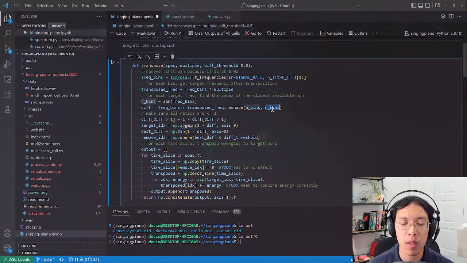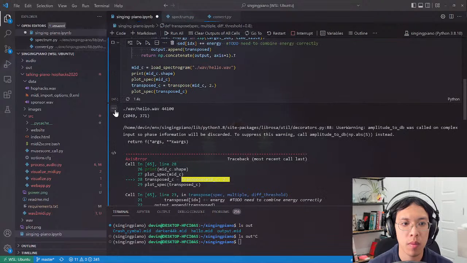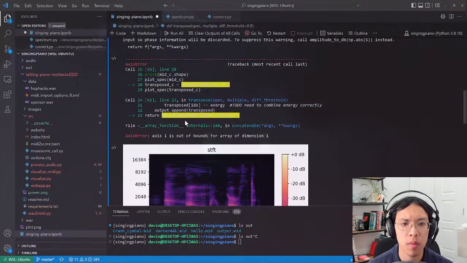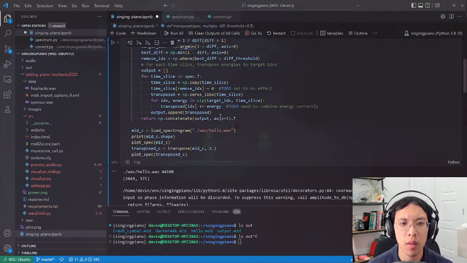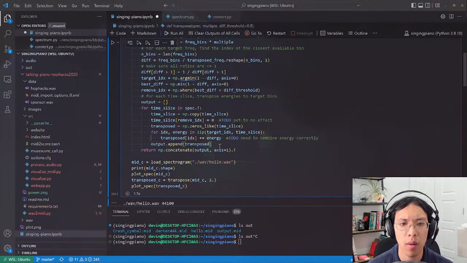It can't reshape to this, right? So, I think you can do that. X is out of bounds. Okay, so the issue is whatever this is wrong now.